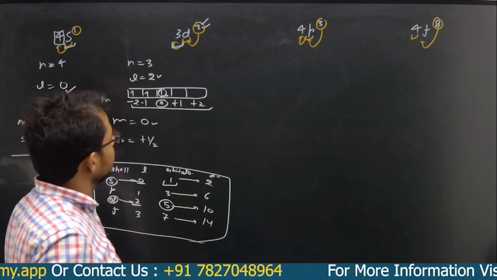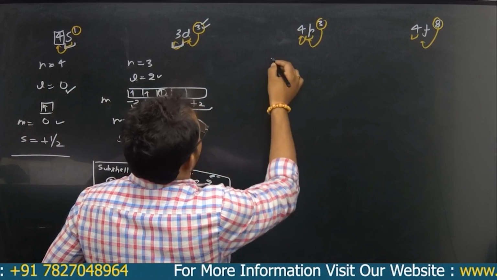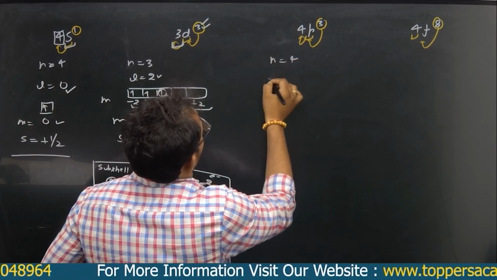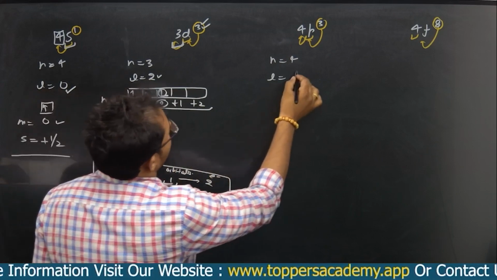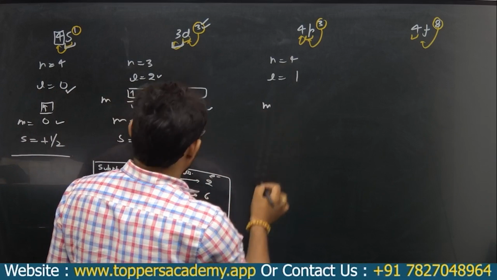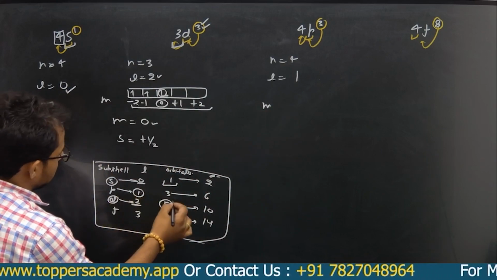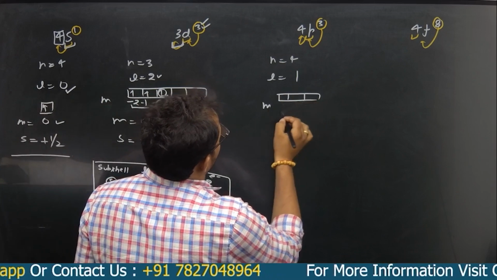Now I am taking another example: n is equal to 4, and l is for the p subshell, which is 1. How many orbitals will there be? 3 orbitals, for the p subshell.